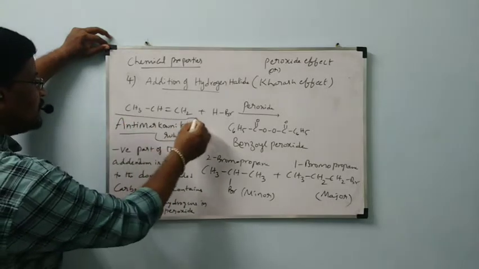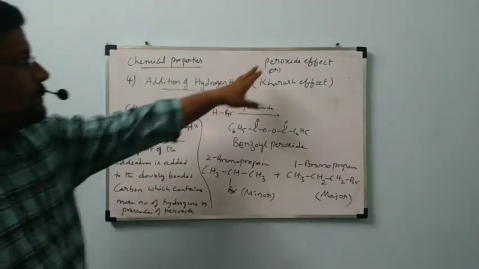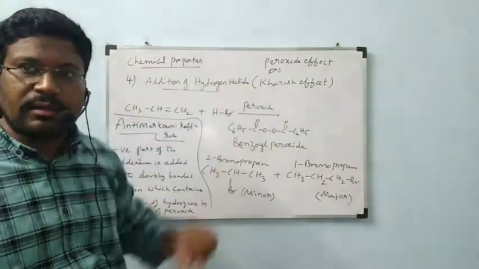This is called anti-Markovnikov's rule, which is called the peroxide effect or Kharasch effect.